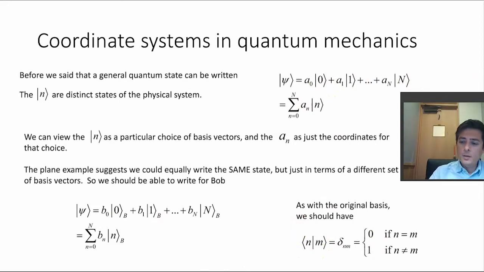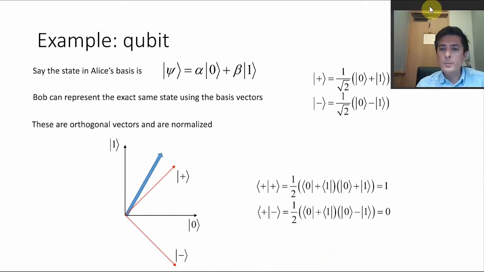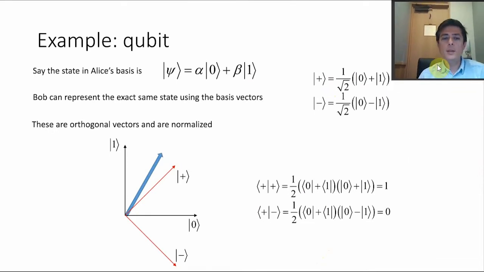Okay, so let's just look at a particular example here, just so that you get the feel for this. Let's say that Alice had a state in some arbitrary state, alpha 0 plus beta 1. Okay, that was one way to write the state.